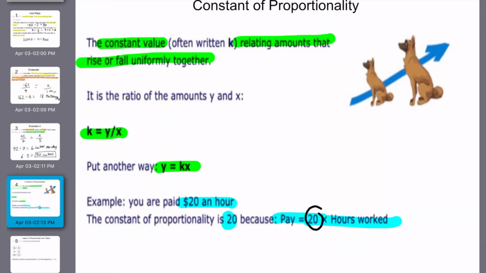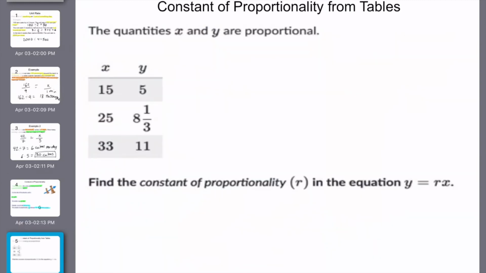Okay? So let's try an example of trying to find the constant of proportionality from a table. So this is our x values and these are our y values. The quantities x and y are proportional, they're telling us. So they want to know, find the constant of proportionality, r, in the equation y equals rx. I'm going to say that there's one more way that makes this way easier, okay?